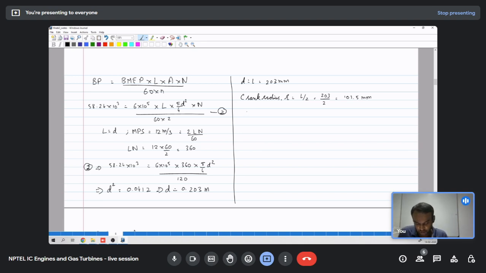So we had mean piston speed as 12 meters per second, which is 2LN by 60. With this we have N is equal to 12 into 60 divided by 2 into L. So L is 203 mm.